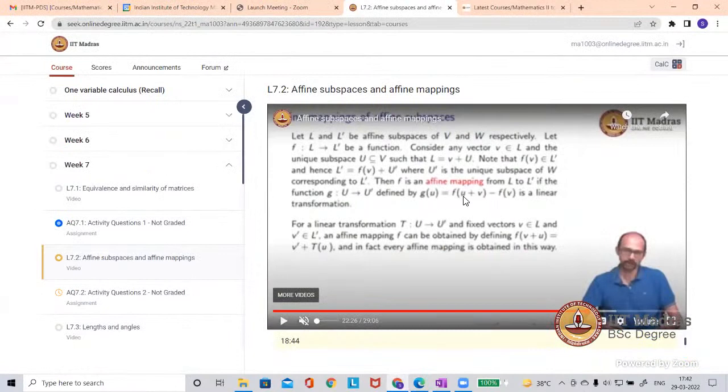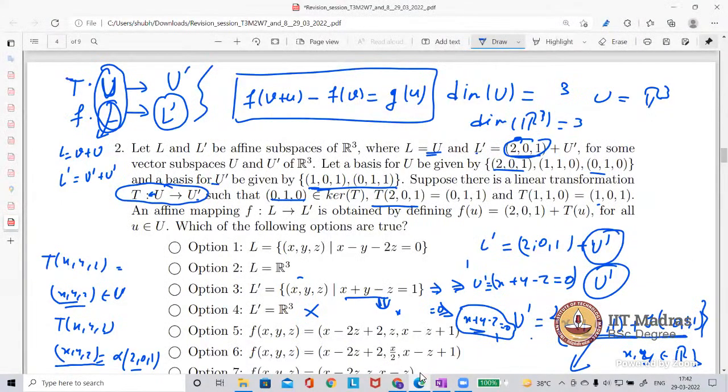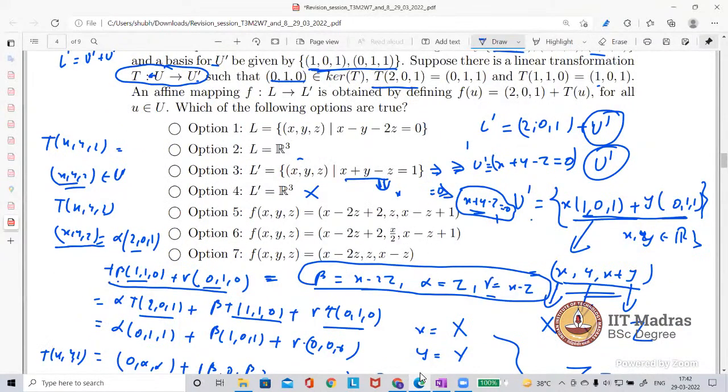This one, gu equal to f of v plus u minus f of v. So this will help to decide g. Your g is actually your t here, a linear transformation. So check which one is giving t. Which one is giving t? T is the seventh one.